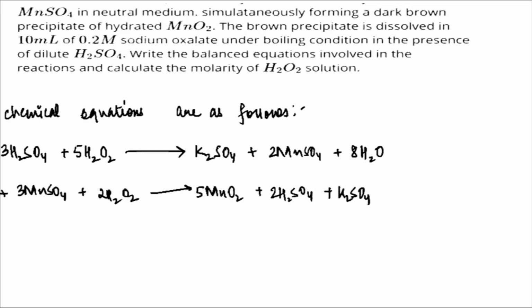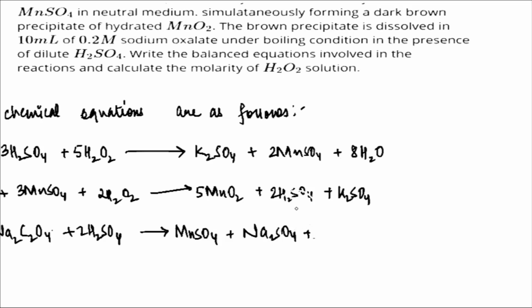Therefore, the reaction will be MnO2 plus sodium oxalate plus 2H2SO4, which gives rise to MnSO4 plus Na2SO4 plus 2H2O plus 2 moles of CO2. This is the reaction taking place in the above equations.